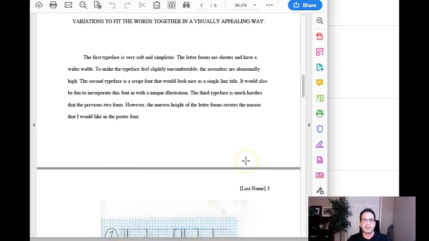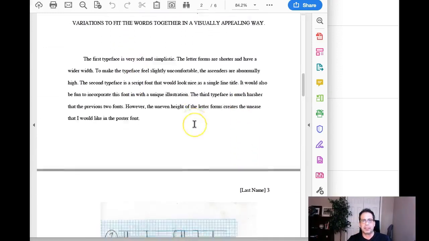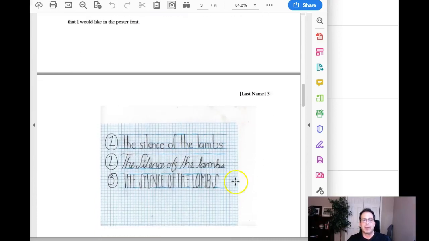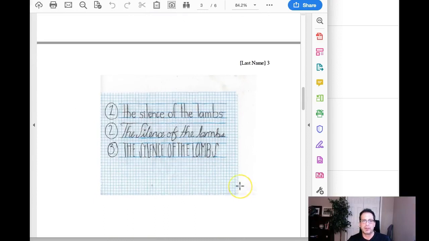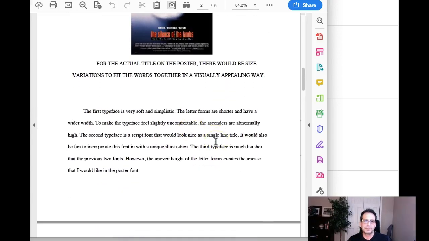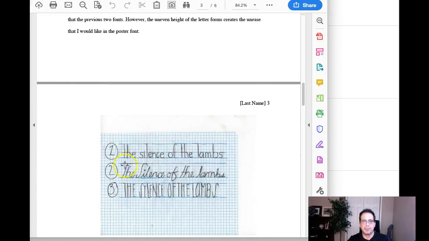Now, I think that the reasoning could be a little bit more well developed. In other words, what I would like you to do for your final submission is just go through the three different examples and tell us why they're a good fit for the story, its subject matter, and perhaps how they represent the relationships of the characters and the general concept of the story itself.